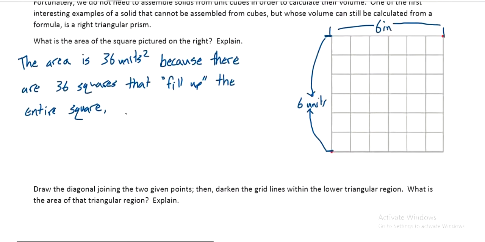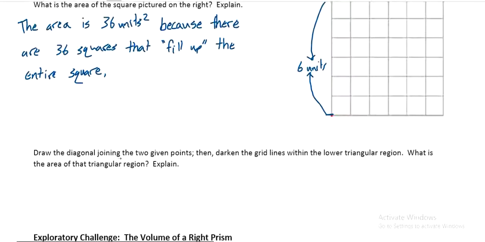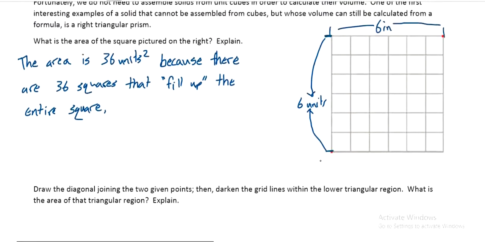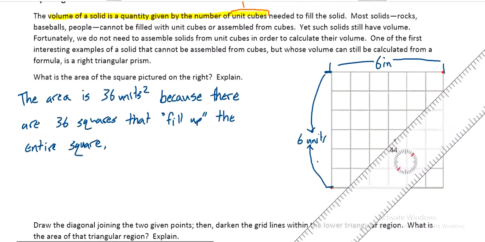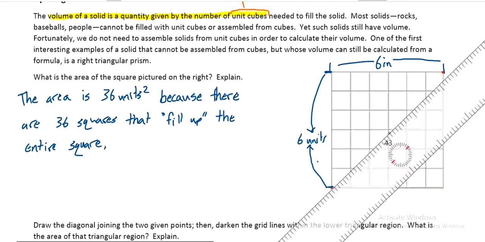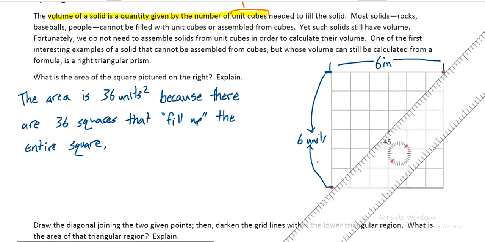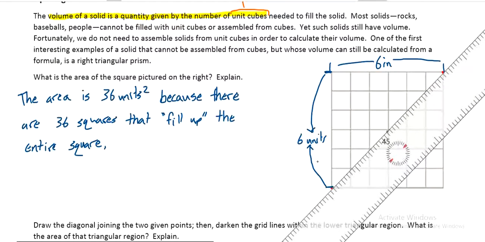So moving on, it says draw a diagonal joining the two given points, then darken the grid lines within the lower triangular region. What is the area of that triangular region? Explain. So let's do what they said to do there. We're going to take a ruler, and I have those red dots on mine, but yours, you do not. Either way, we're just going to draw a diagonal, stretching across it.